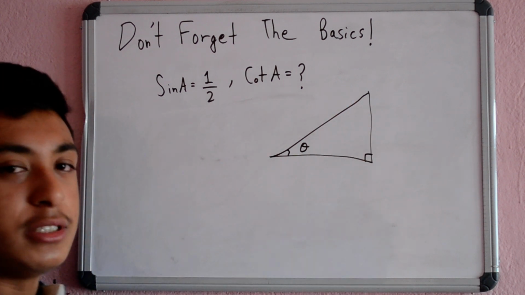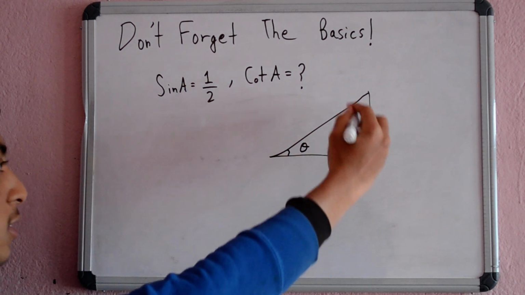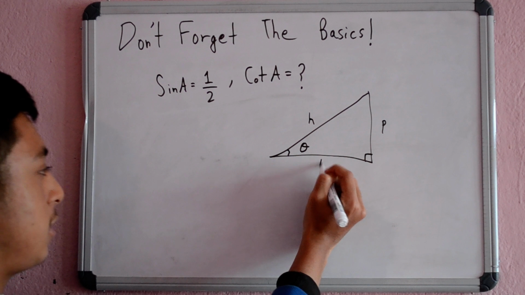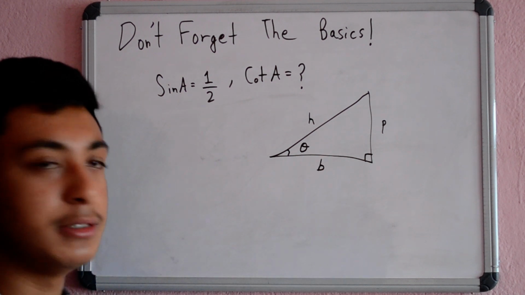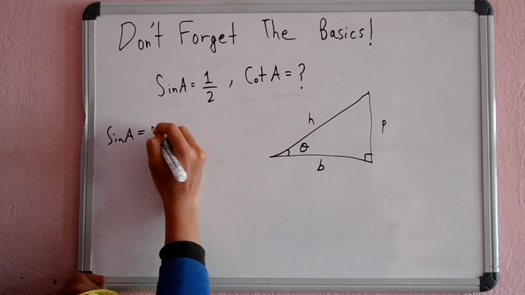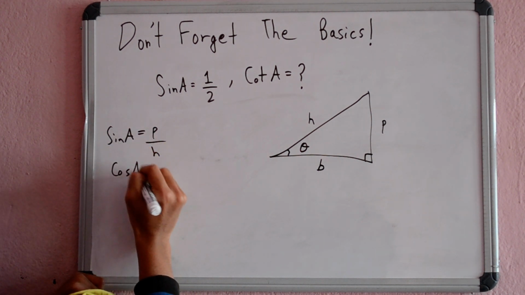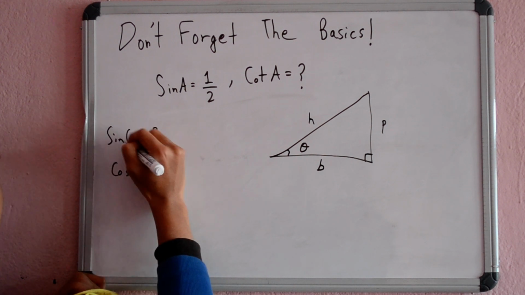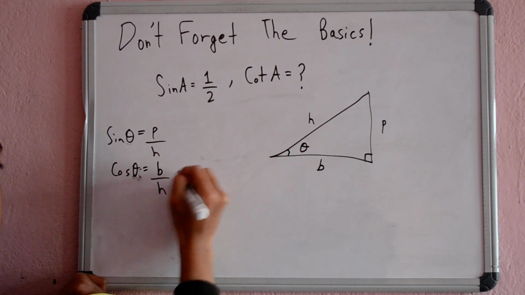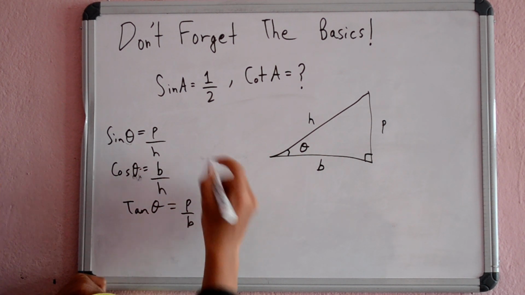The side opposite to this angle is known as the perpendicular, and the side opposite to the right angle is known as the hypotenuse, and the remaining side is the base. And what we first learned is that sine theta is equal to perpendicular by hypotenuse, cos theta is equal to base by hypotenuse, then tan theta is equal to perpendicular by base.